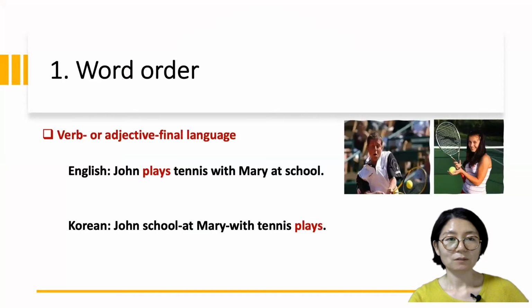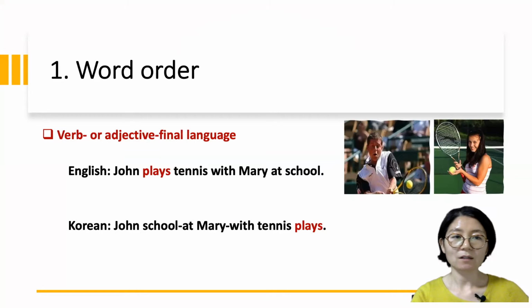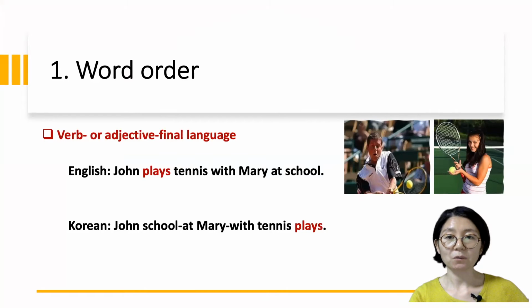First of all, if you are a speaker of English, you may find it confusing to learn the sentence order of the Korean language. Because in English, you have to put the subject at the very first in the sentence, and then you can put a verb, and then an object or complement, depending on the verb, right?